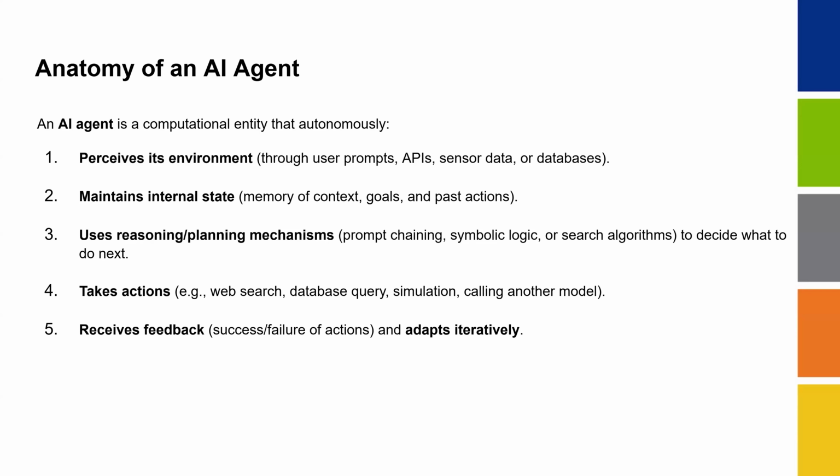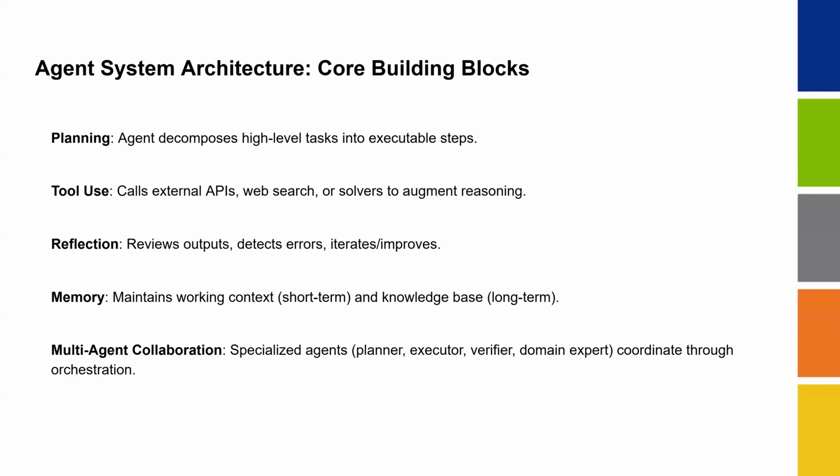So here we go with the anatomy. In the agent system architecture, the high-level core building blocks are planning, tool use, reflection, memory, and multi-agent collaboration. The agent decomposes high-level tasks into executable steps. They call external APIs, solvers, or web search to augment reasoning.